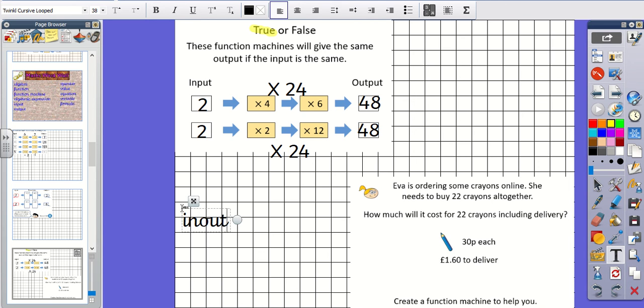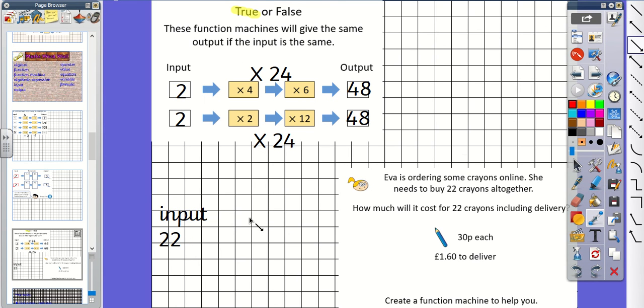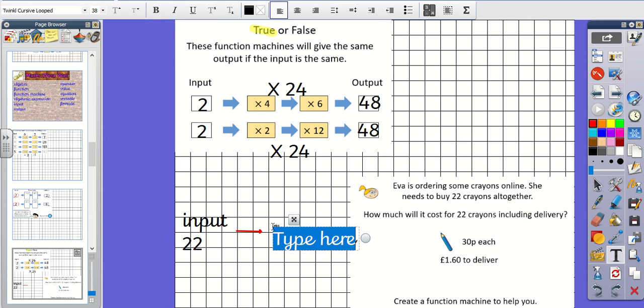So in my input, I'm going to have 22 and then I'm going to draw a small arrow. And then my first step is that I need to multiply by 30.